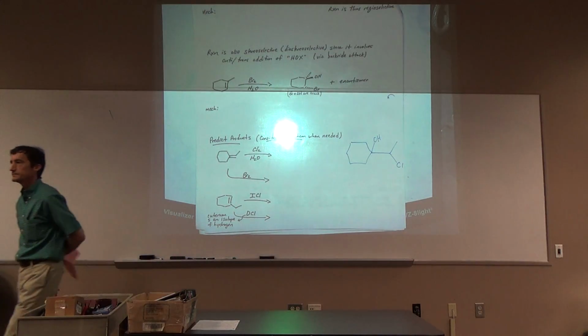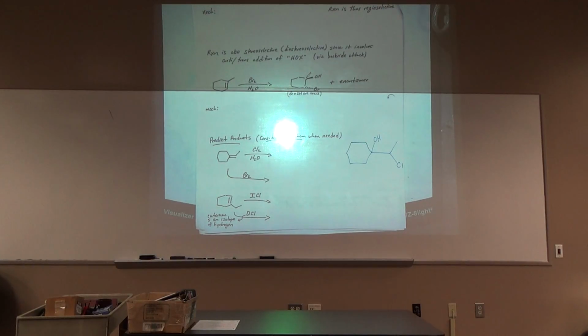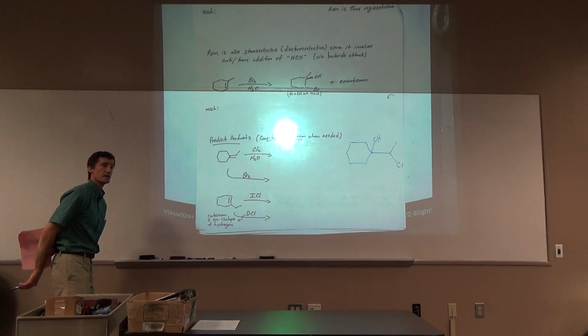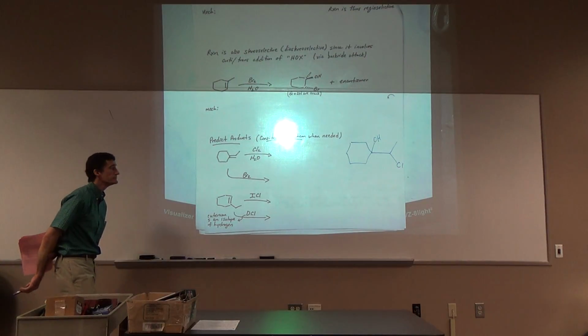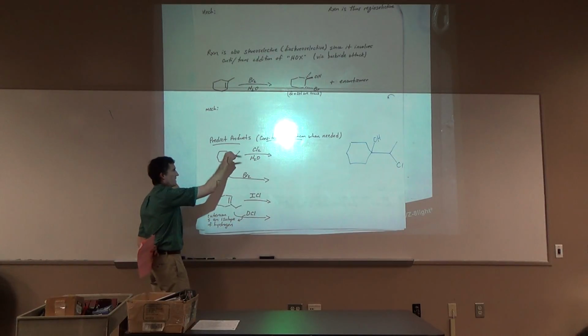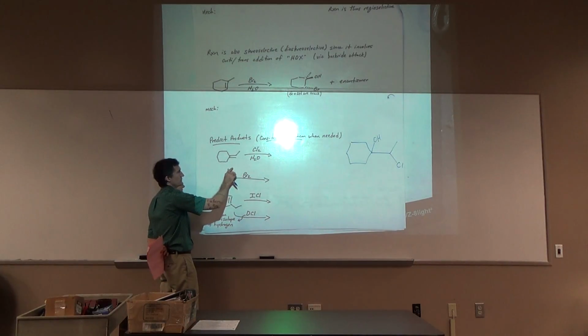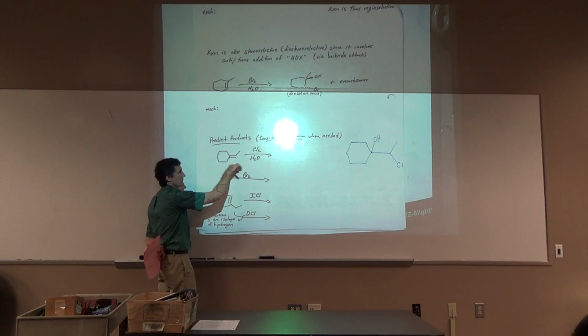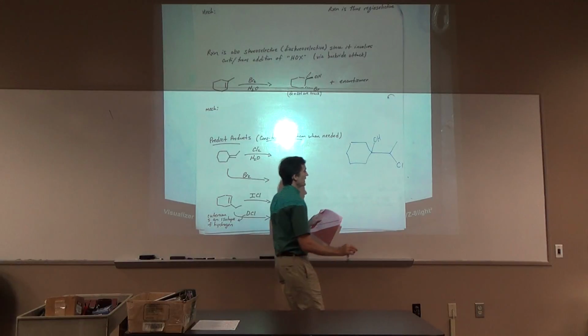How does that look? I see some people shaking head yes. Chloronium ion, and then the water attacks the carbon on the left, which becomes more substituted. There's no stereochemistry here.